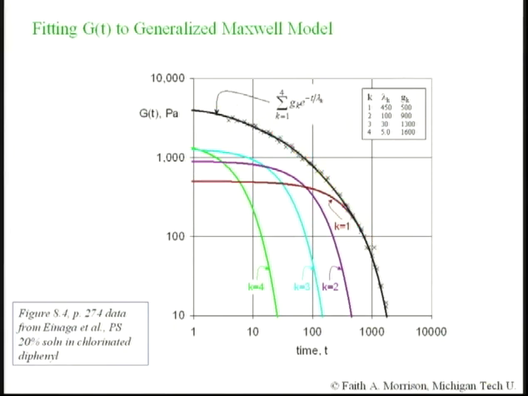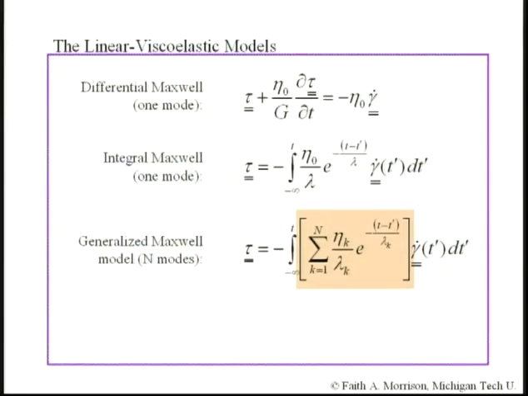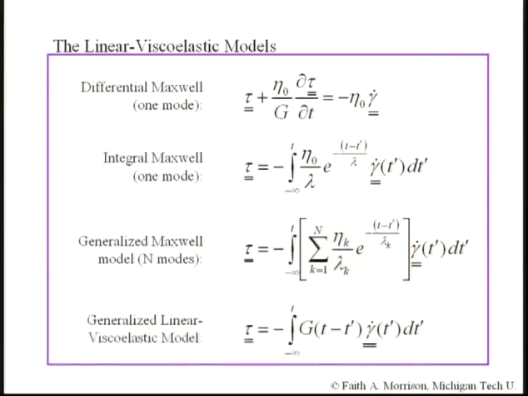This model is called the generalized linear viscoelastic model. Okay, there it is. And this goes back to those springs and dash pots. Remember, we picked a spring and a dash pot in series. And maybe if you've looked at those kinds of models before in another class, you can imagine putting a whole bunch of springs and dash pots in parallel as well.